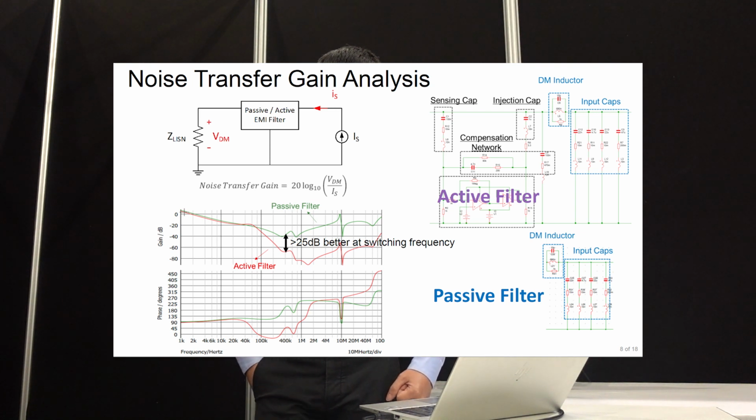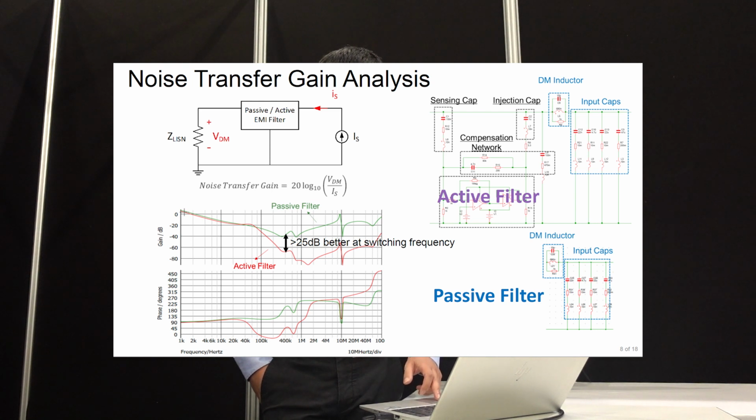So what we do is use the simulation tool, or just the model, to develop the noise transfer gain function. Basically we use the VDM from the LISN, which measures the noise, divided by the noise of your board.